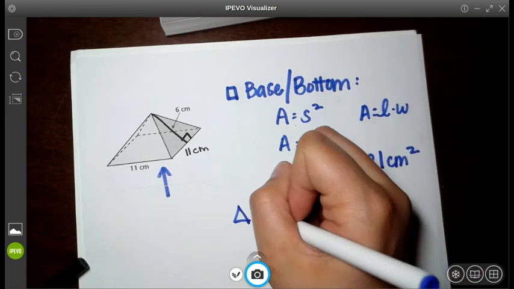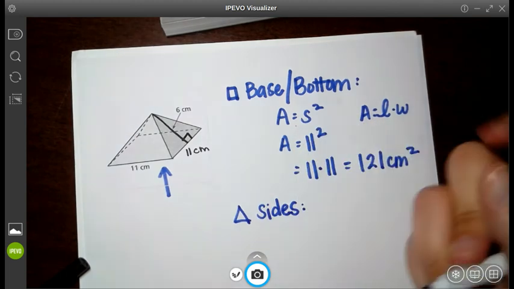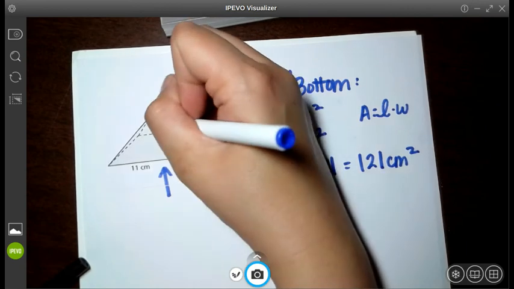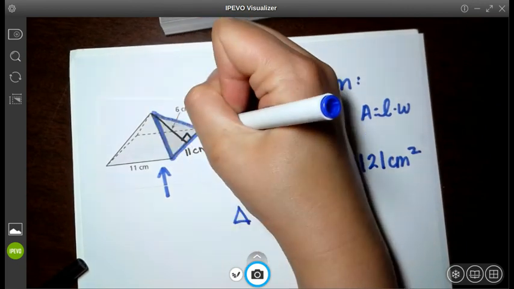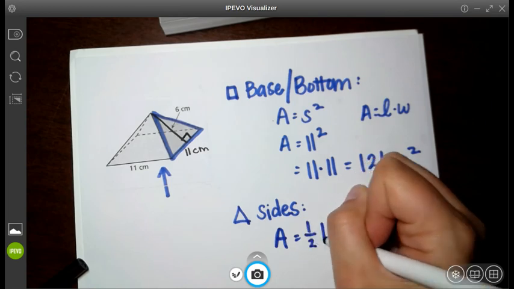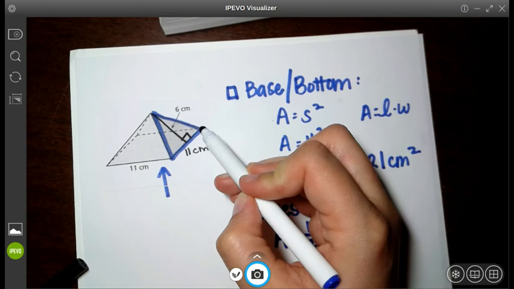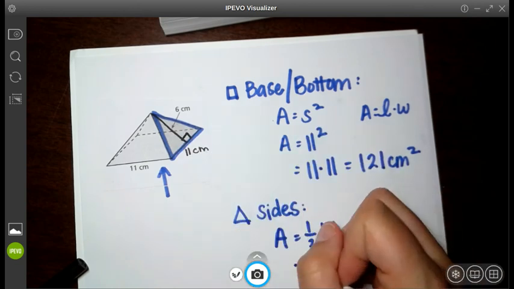Now I need all 4 sides, which are all triangles. So I can call them sides, the lateral faces. Since those are all triangles, the formula I will use is 1/2 base times height. Now the base of this triangle is 11 and the height is 6.